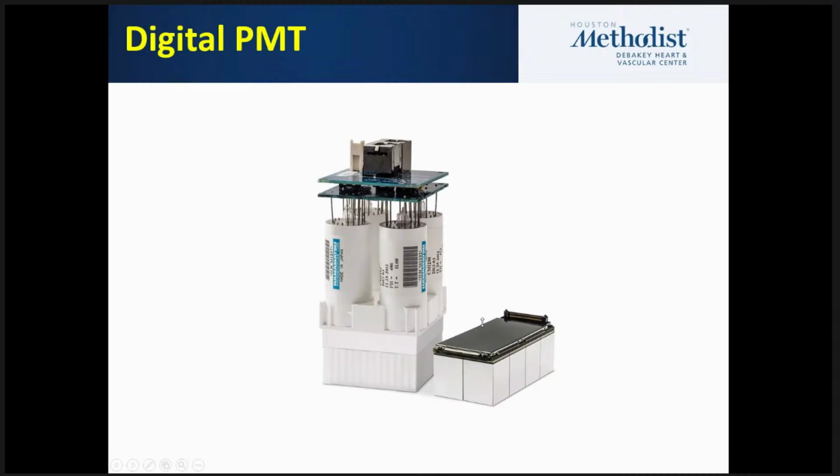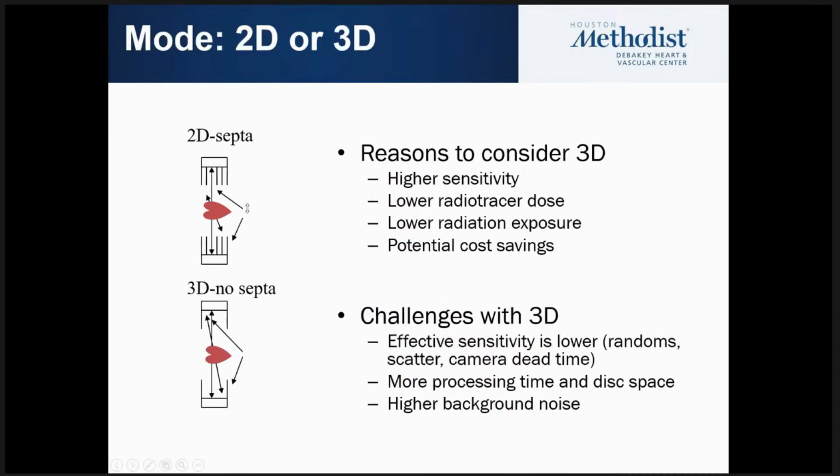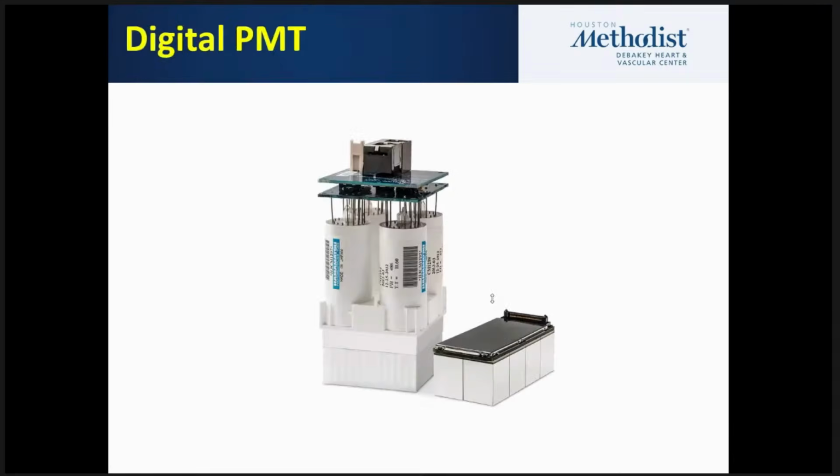Just to put things in perspective, if you are using a 2D system, you need to inject about 50 to 60 millicuries of rubidium to be able to get a myocardial perfusion image. Moving down to a 3D system, you can lower that dose to about 25 to 30, depending on the weight of the patient.